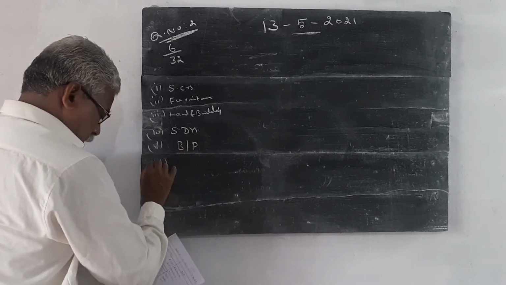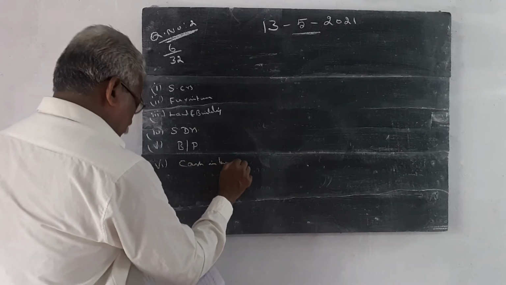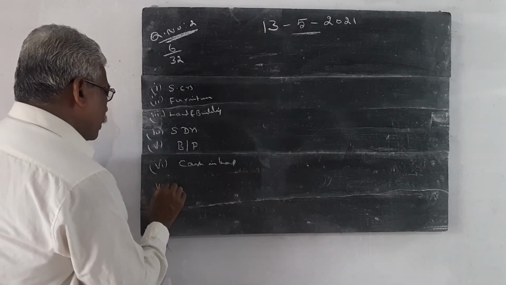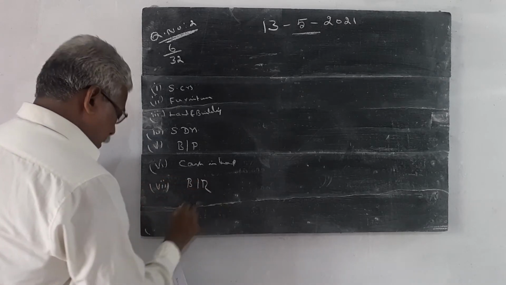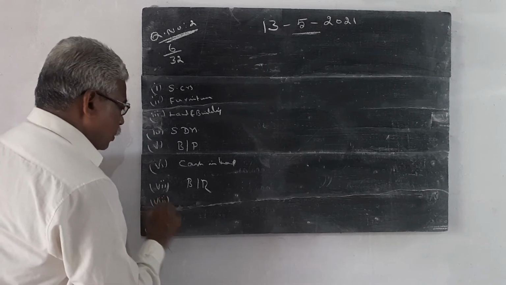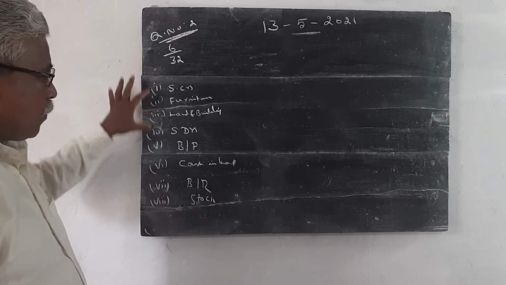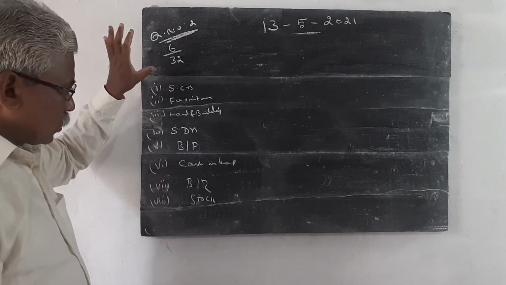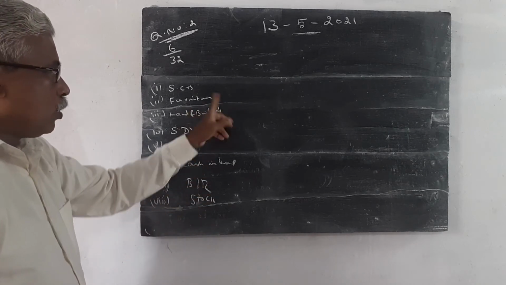Point number 6, cash in hand. Then 7th point, bills receivable. And the 8th point, stock. In the previous sum also, only 8 points are given. In this question also, the same 8 points are given. But the amounts alone will be changed.